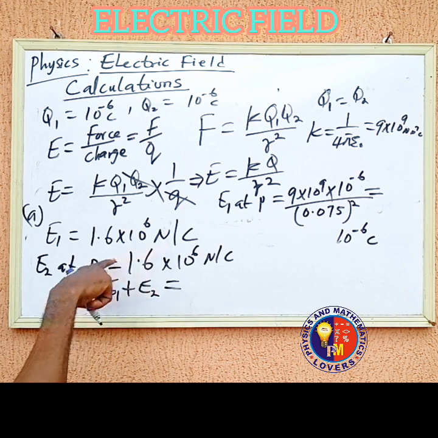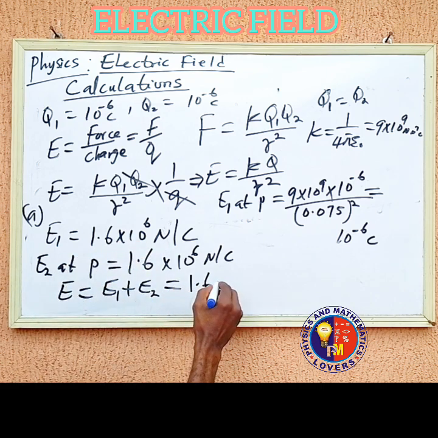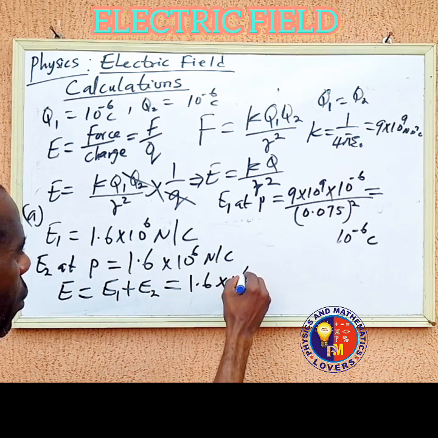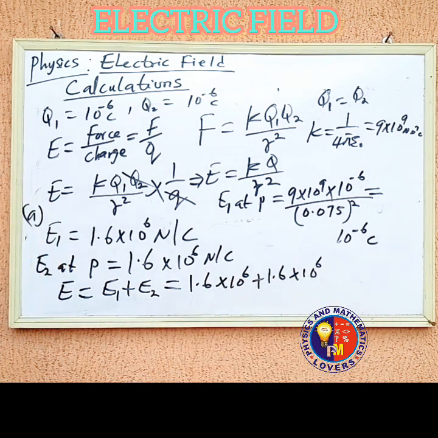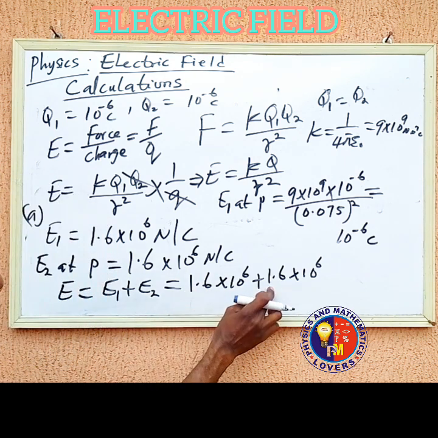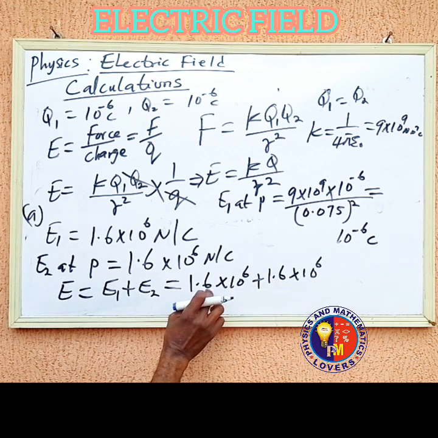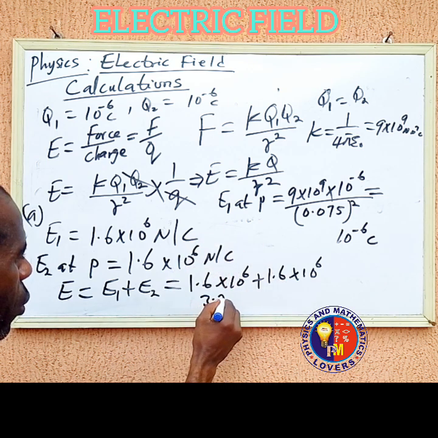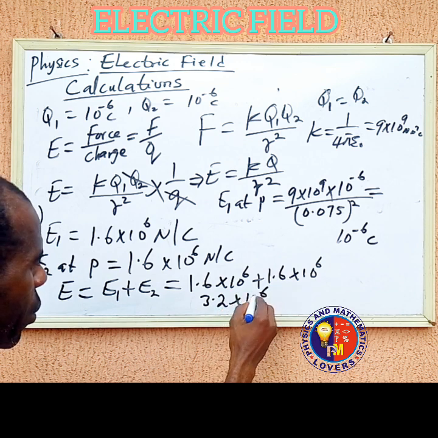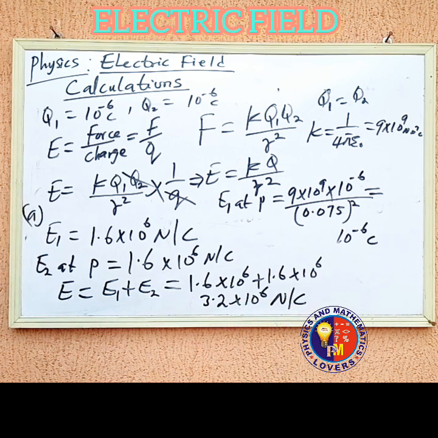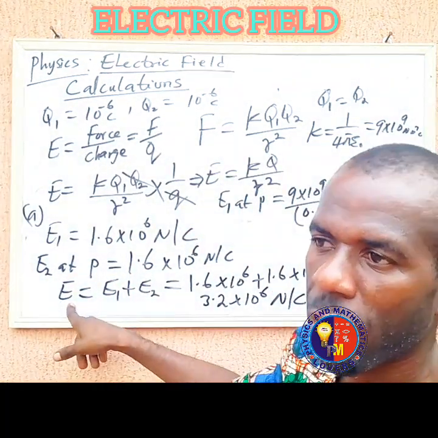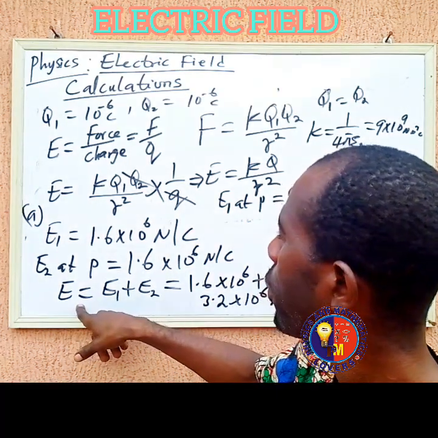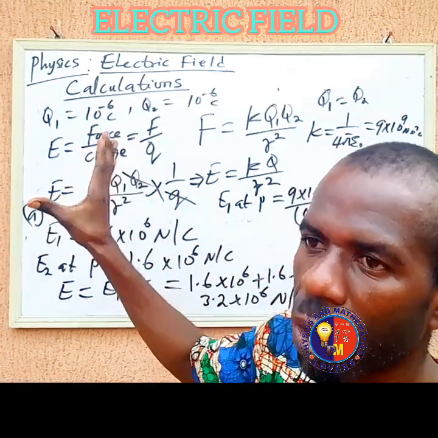At the end of the day, just add the two values together: 1.6 times 10 raised to the power 6 plus 1.6 times 10 raised to the power 6. 1 plus 1 is 2, so we have 3.2 times 10 raised to the power 6 Newton per coulomb. This is the effective electric field strength, or electric field intensity, acting between the two charges.